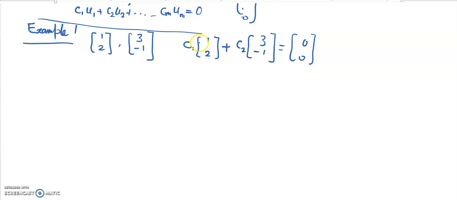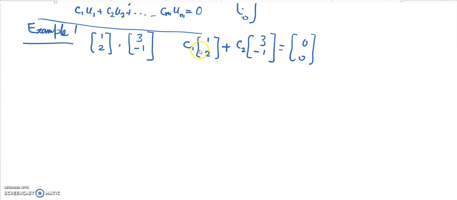If we can find values of c1 and c2 that are not both zero which make this equal to 0, then the vectors are dependent. If the only solution is zero, then the vectors are independent.